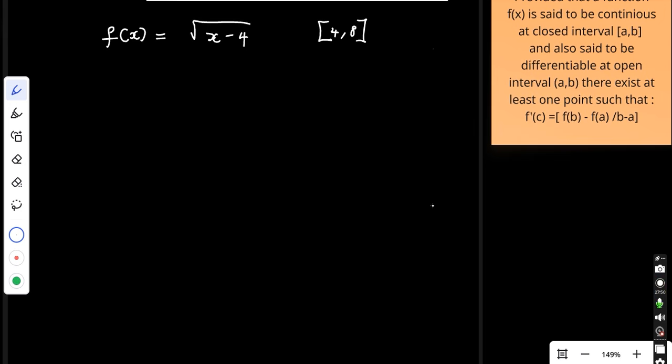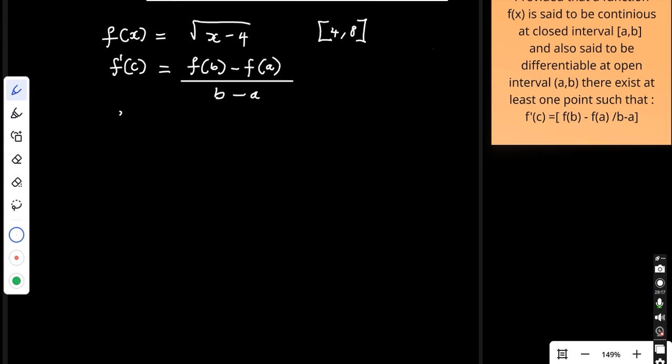So we don't need to test for continuity and differentiability. The first thing to do is to have the formula of the general equation of the mean value theorem, where we have f prime of c is equal to f of b minus f of a over b minus a.